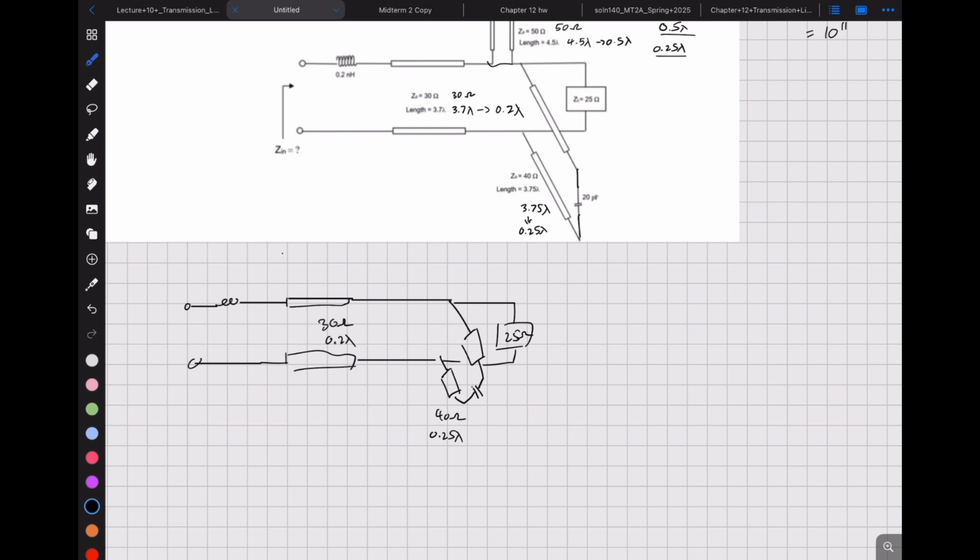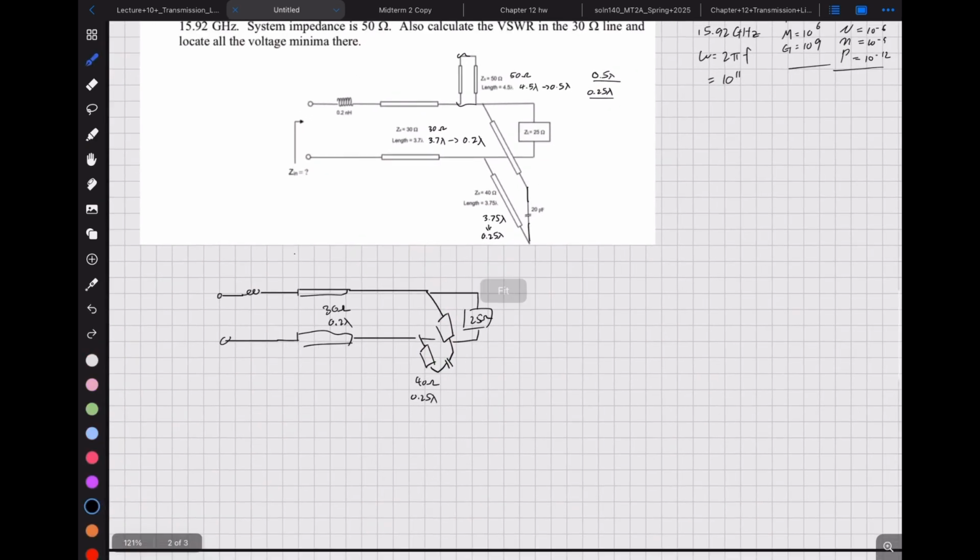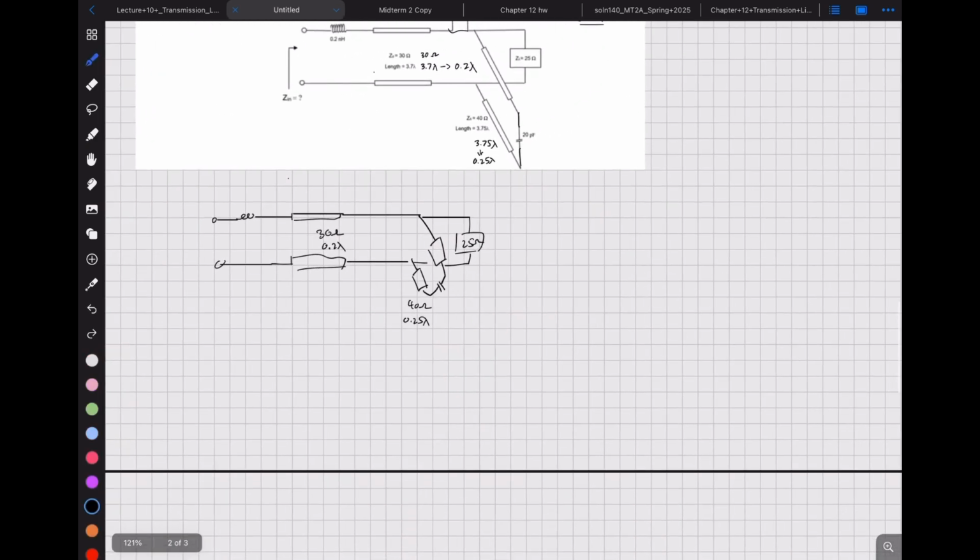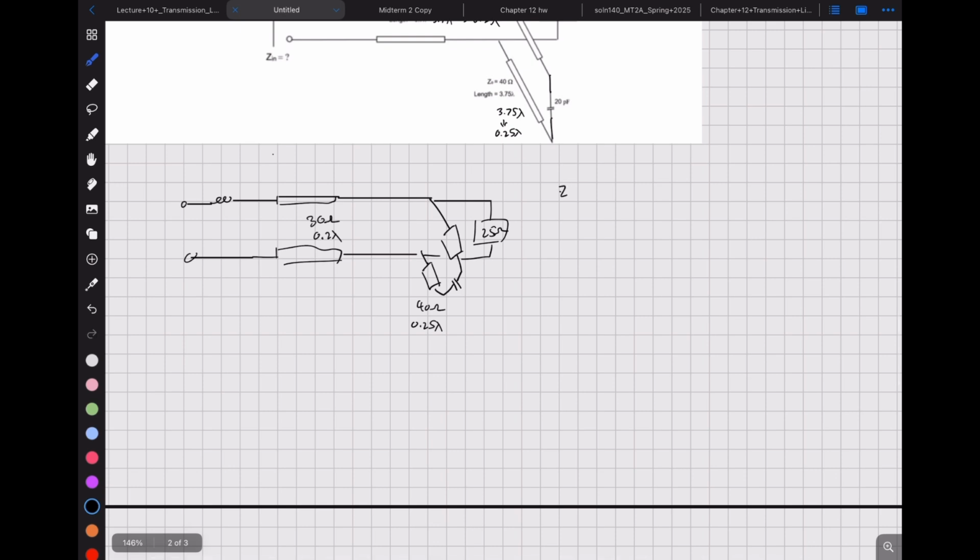Next, we need to find the VM of this system. So this is in parallel with this, so we need to find what this is. Okay, so for the quarter wave, we're going to be using the equation Z naught squared over ZL.